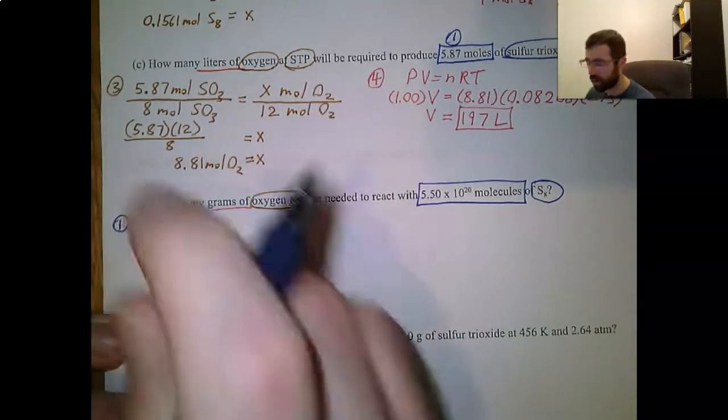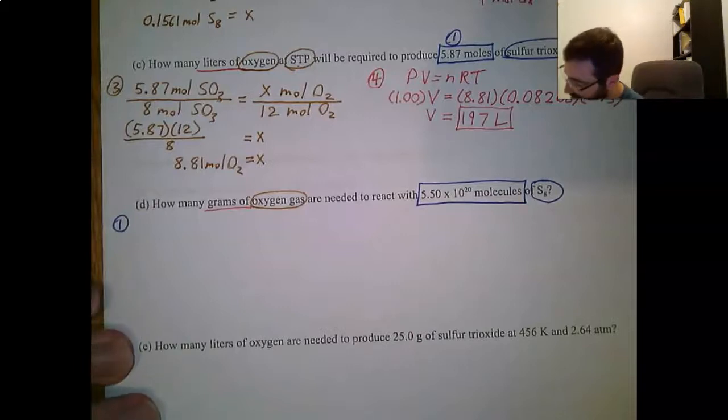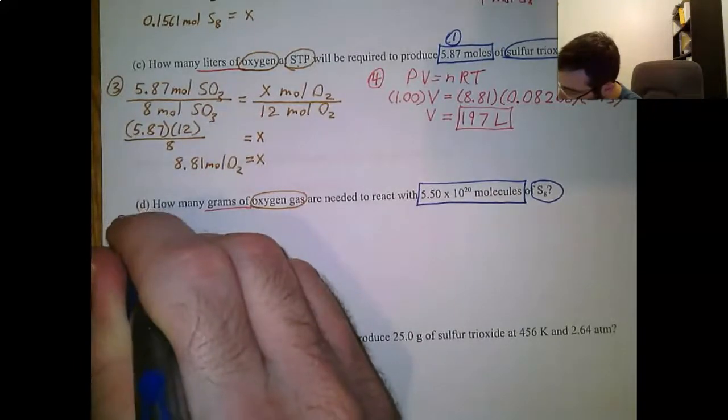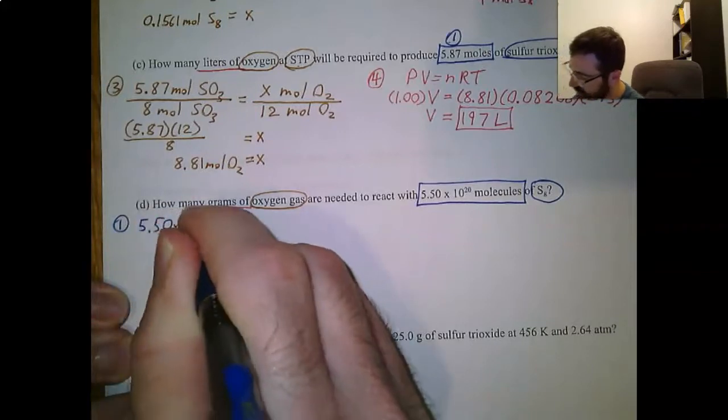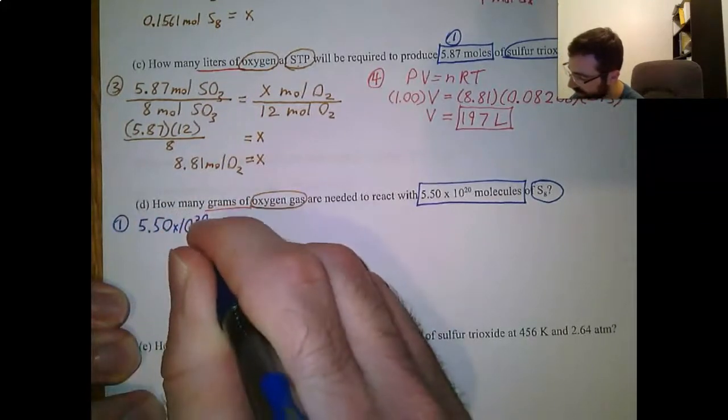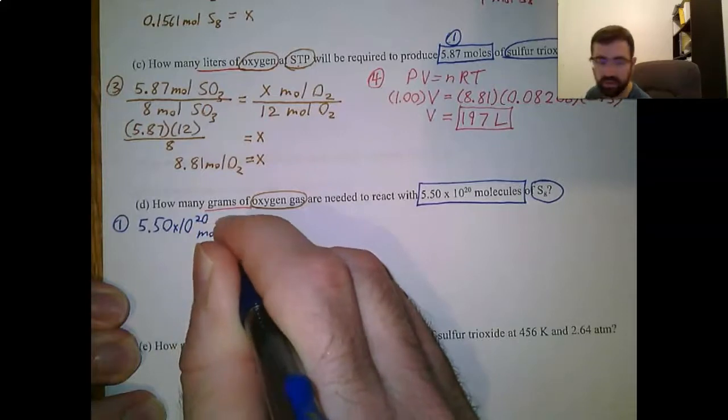Molecules are a form of particle, so I'm going to use Avogadro's number. 5.50 times 10 to the 20th molecules. You can write MOLEC for short.